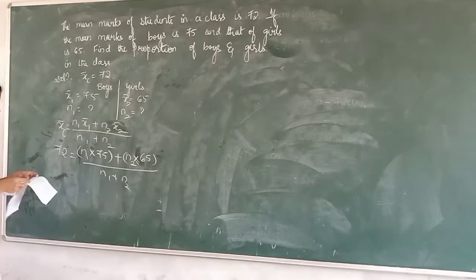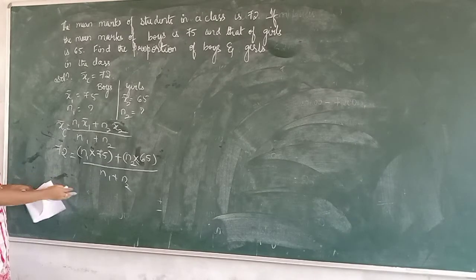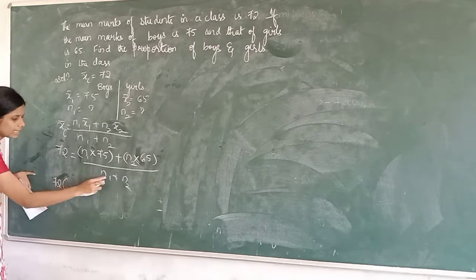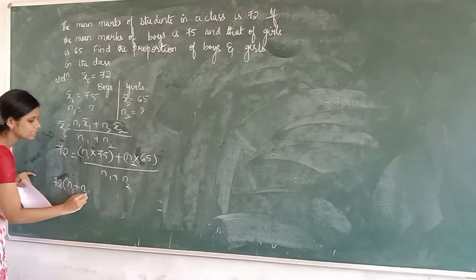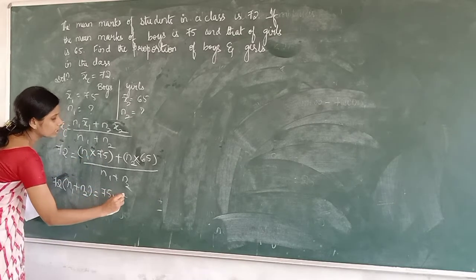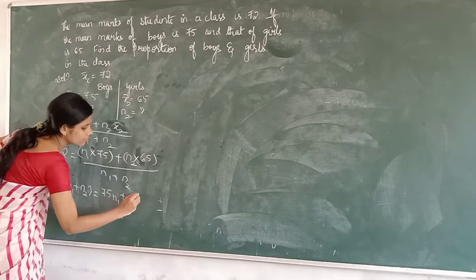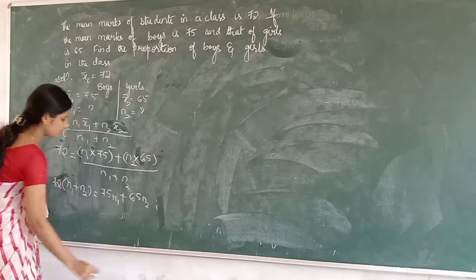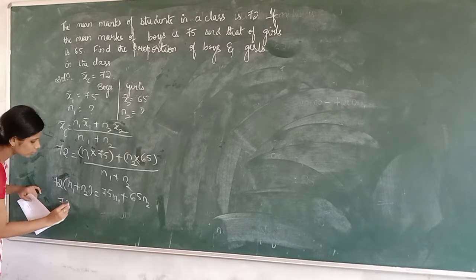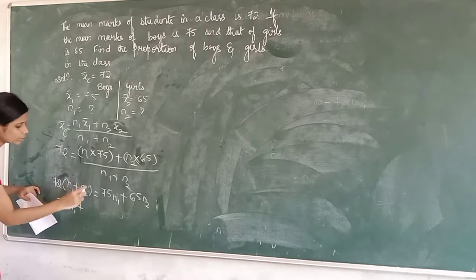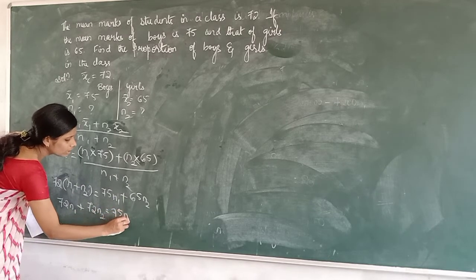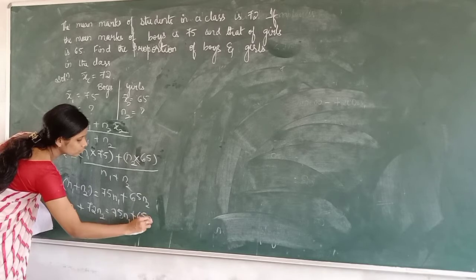To simplify, first the denominator part should be brought to the left hand side. That is nothing but 72 into N1 plus N2 is equal to N1 into 75, that is 75 N1, plus N2 into 65, that is 65 N2. Now we simplify: 72 into N1 is 72 N1 plus 72 into N2 is 72 N2, equal to 75 N1 plus 65 N2.